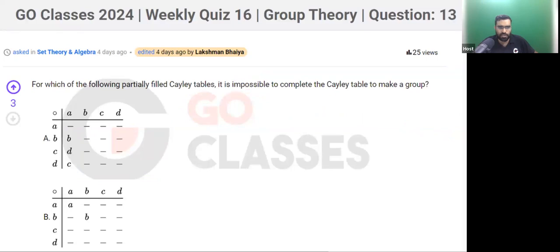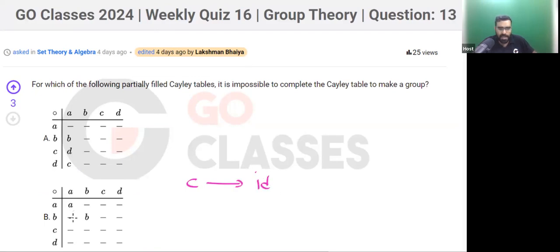Next, what is the answer for this one? In this question also, the same thing. Now you tell me, is it possible C can be the identity element?